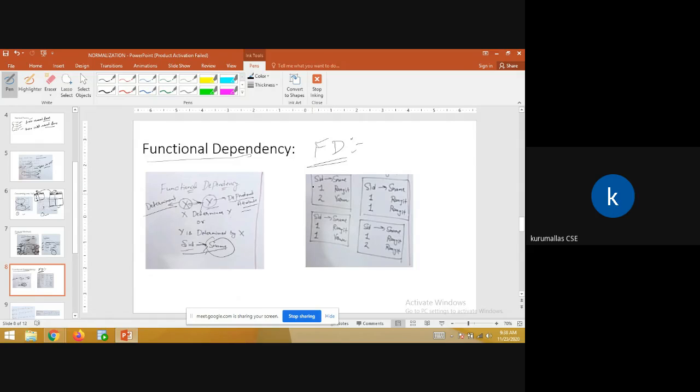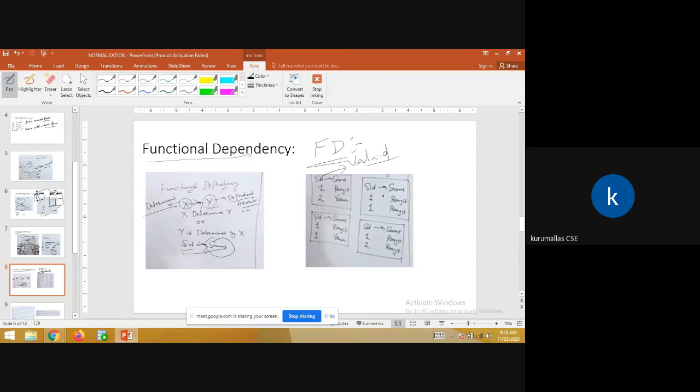Assume some values inside the SID and some values inside the SName. We have four combinations, and we have to check whether these four combinations are valid or not. SID is 1, Ranjit. SID is 2, Varma. So two different students with two different hall ticket numbers, so this is a valid statement.